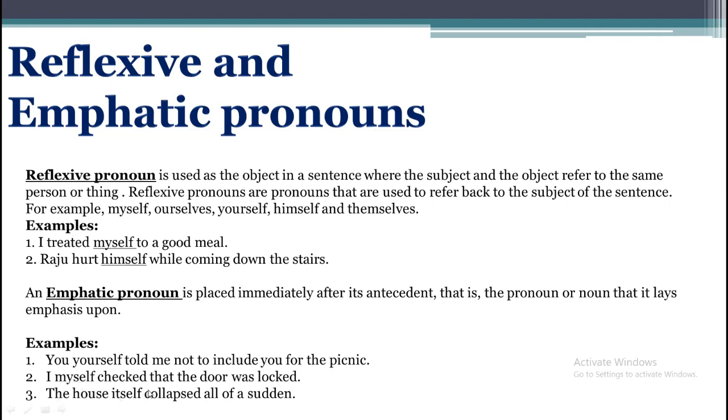The house itself collapsed all of a sudden. I'm not saying that the house collapsed itself. That's wrong. The house itself collapsed all of a sudden. So here itself will be an emphatic pronoun. So this is the major difference. Reflexive pronoun reflects the subject, and emphatic pronoun adds stress by coming next to the subject.